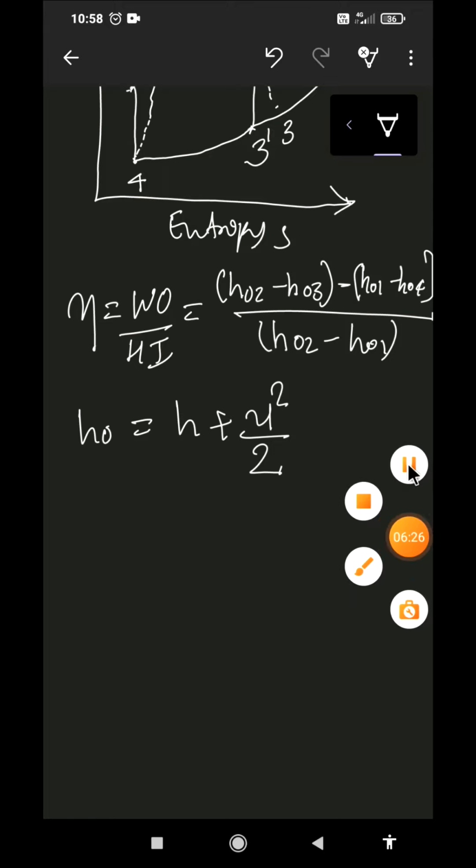Now we'll solve an example which was asked in an exam.